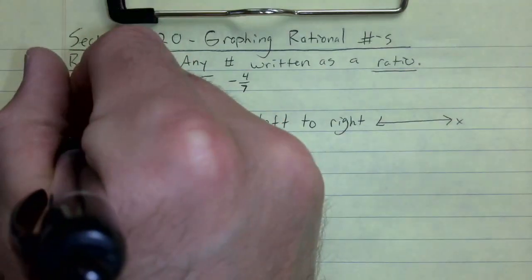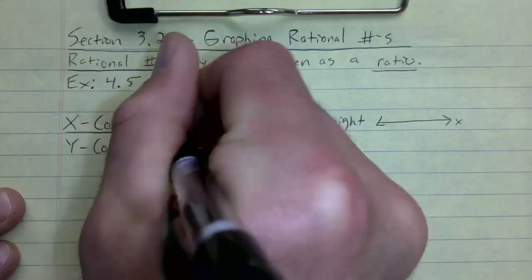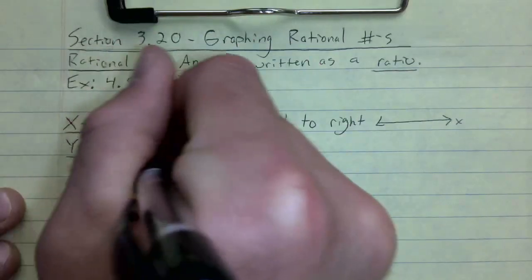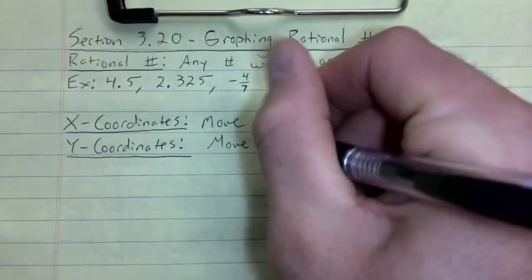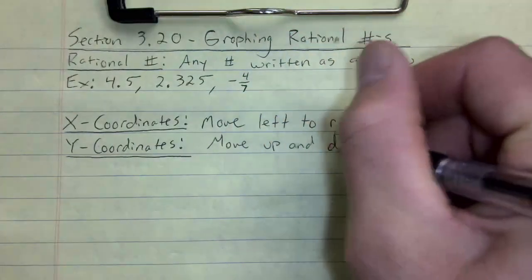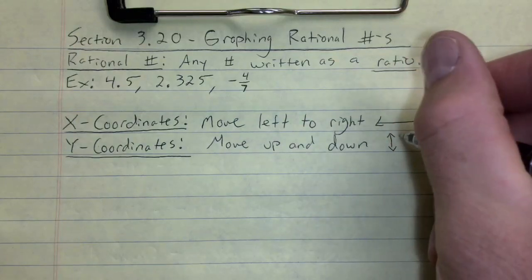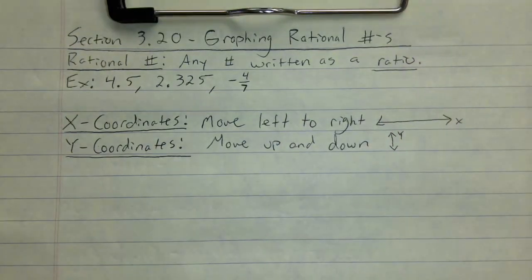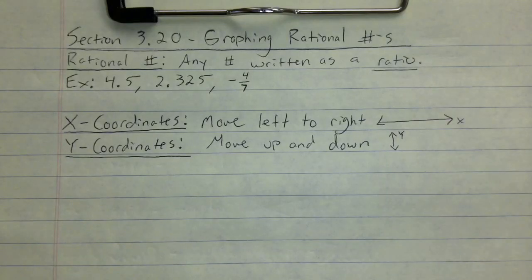Then we also know your y coordinates. These move up and down. We'll put a little y next to that. So your x coordinates move left and right, and your y coordinates move up and down.